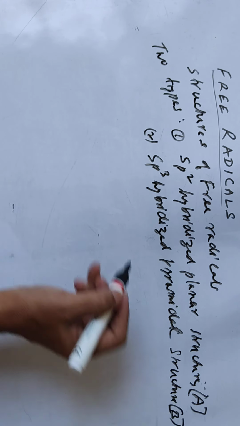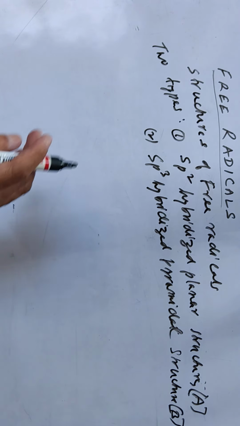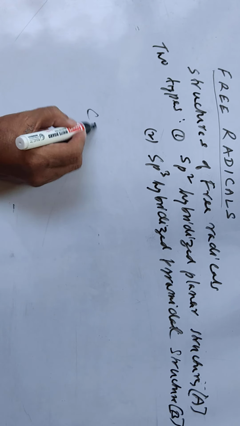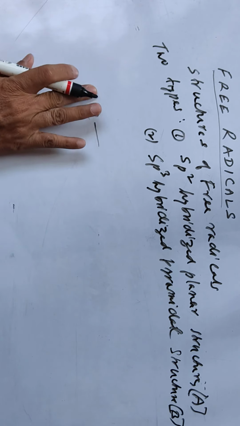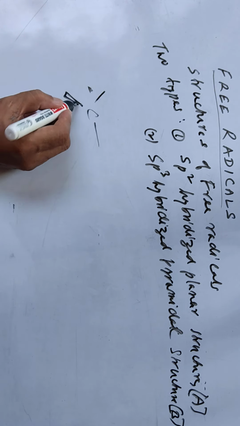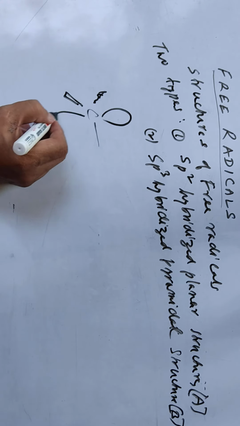So I can draw the structure of these free radicals like this. It has a dot, and there is an empty 2pz orbital.